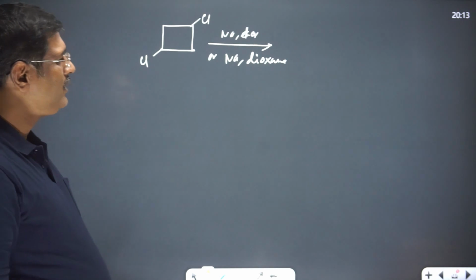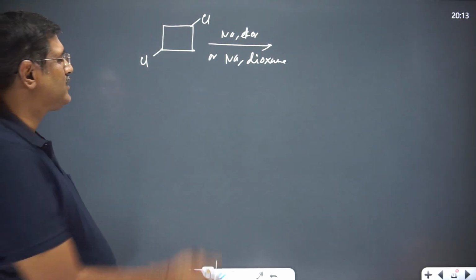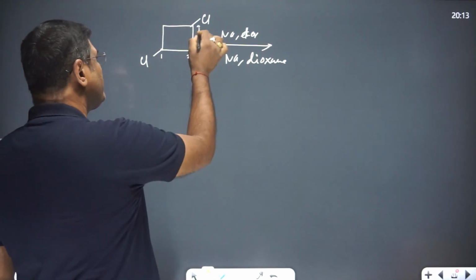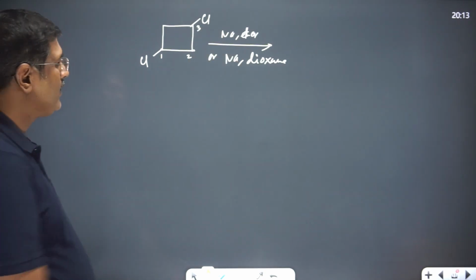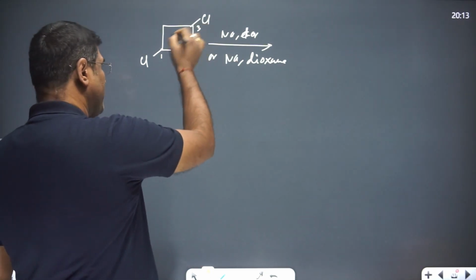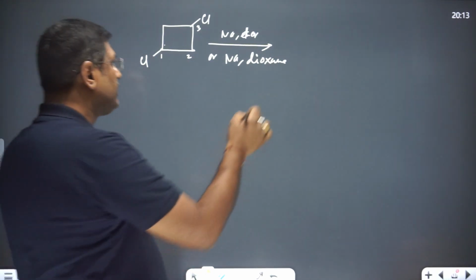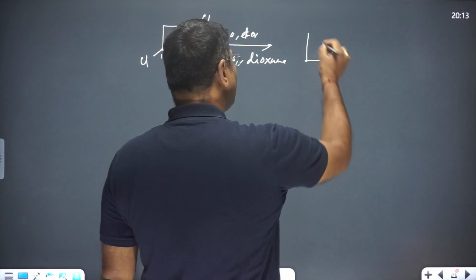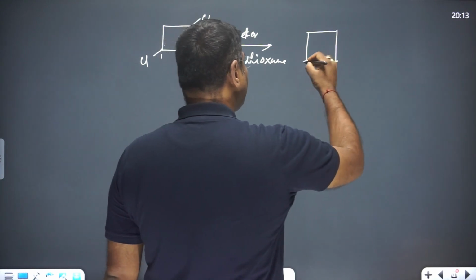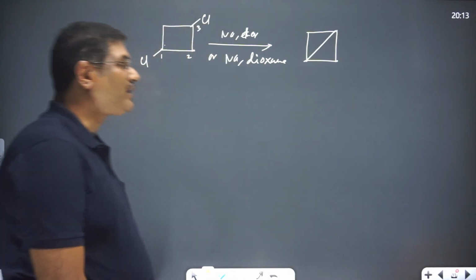This one is 1, 2, 3. This is 1,3. There the carbanion forms and will attack here. This Cl is lost, and the product is this bicyclic product.